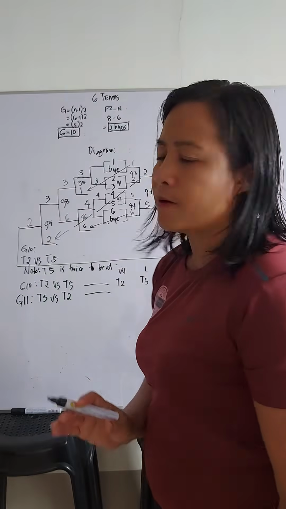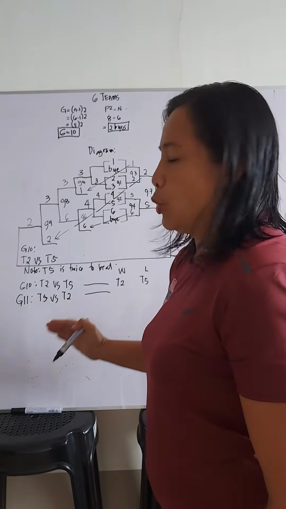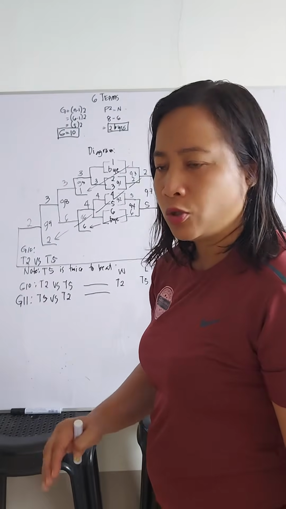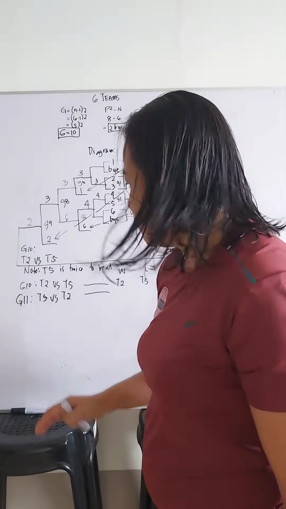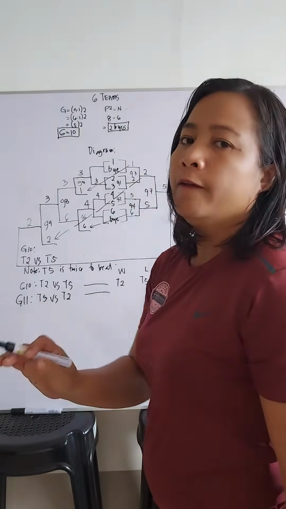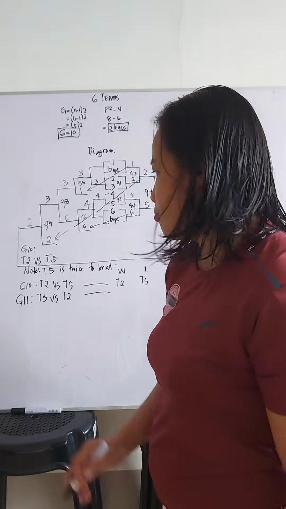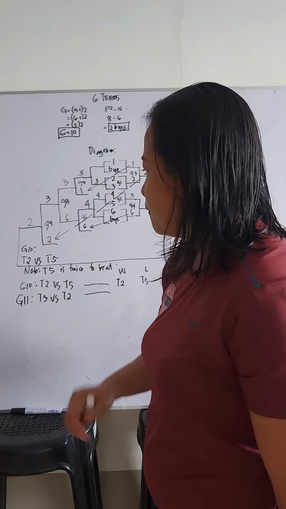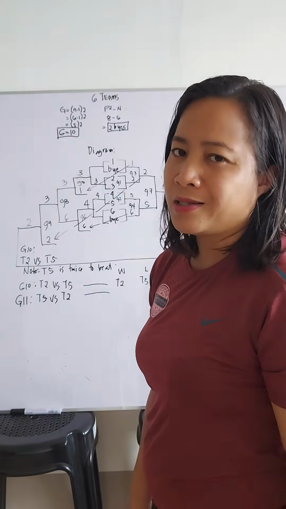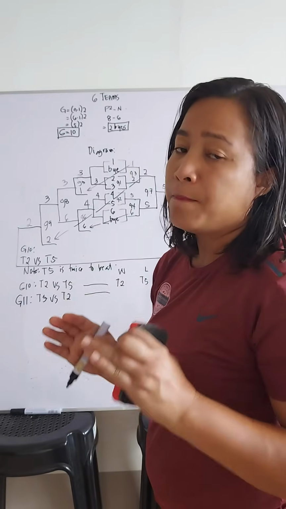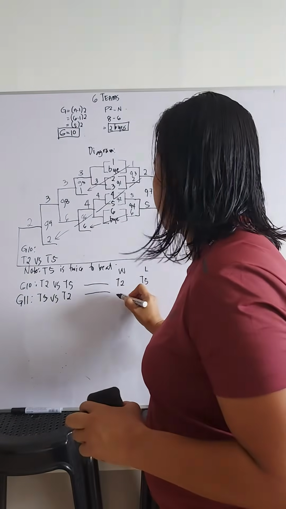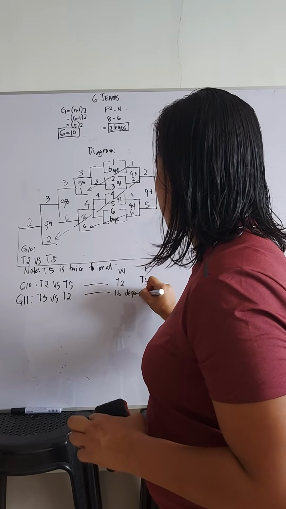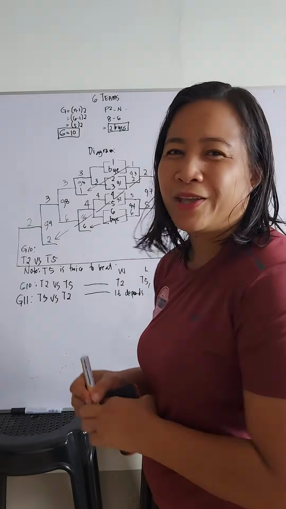In the rematch, if Team 2 is still the winner, then our champion is Team 2. But in case in Game 11 Team 5 won, then automatically Team 5 is the champion. And if in Game 10 Team 5 won, then automatically the champion is Team 5. So it depends on the situation. Okay, thank you.